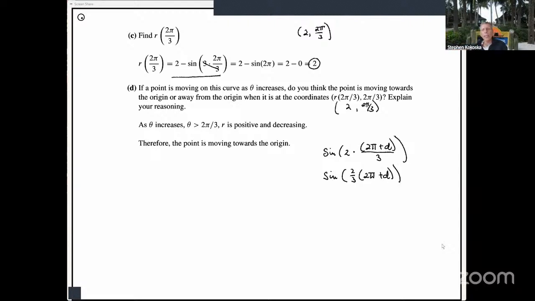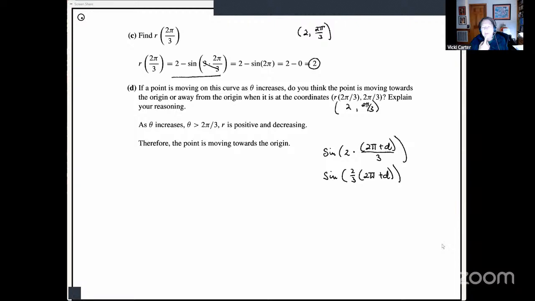And so what's happening is that little increment d, that little delta, increases, gets a little bit bigger than 0. So 0.1, 0.2. What's happening to that argument? Well, the 2 pi plus that is getting bigger, and then I'm multiplying by 3, so I've got a positive number.